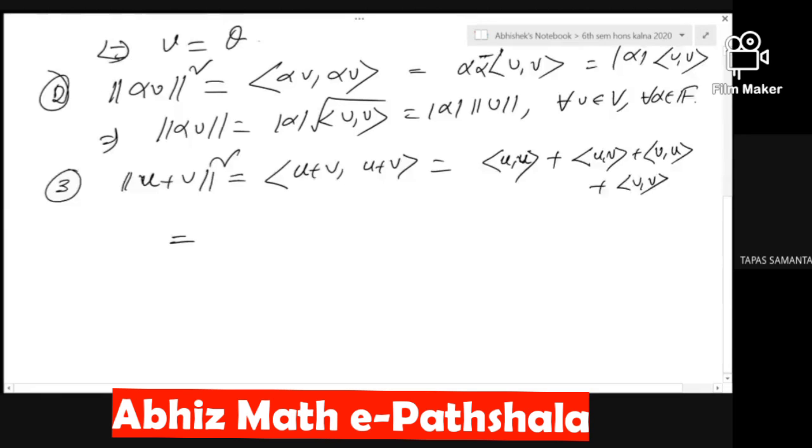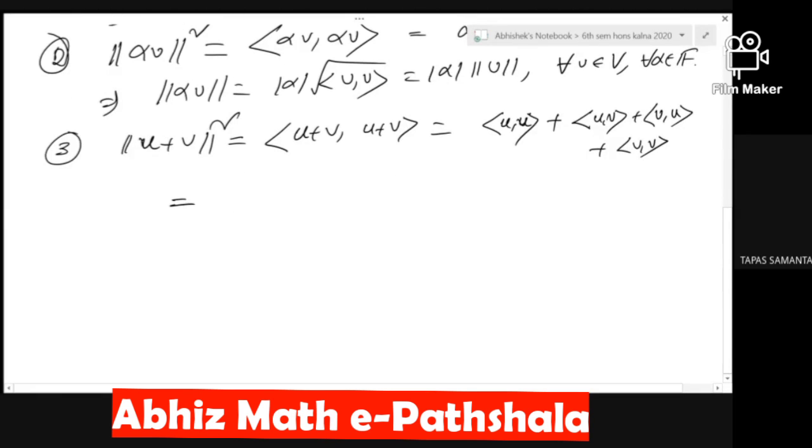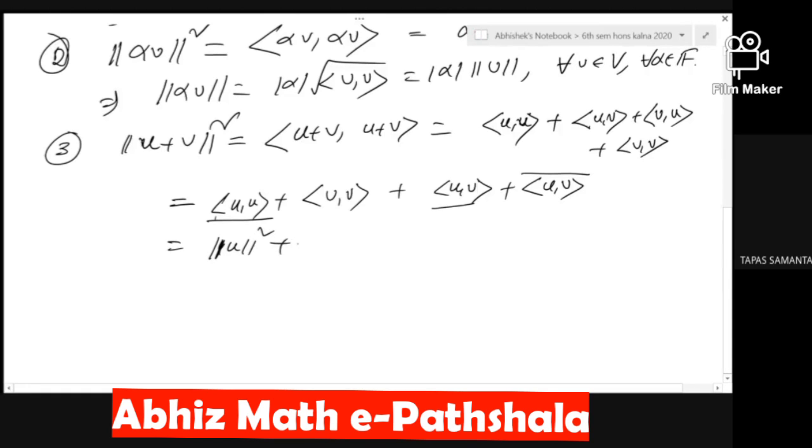So that is inner product u comma u plus inner product v comma v plus inner product u comma v plus inner product u comma v conjugate. A complex number plus its conjugate is 2 times the real part of that complex number. So this is norm u square, this is norm v square, and this is 2 real part of inner product u comma v.